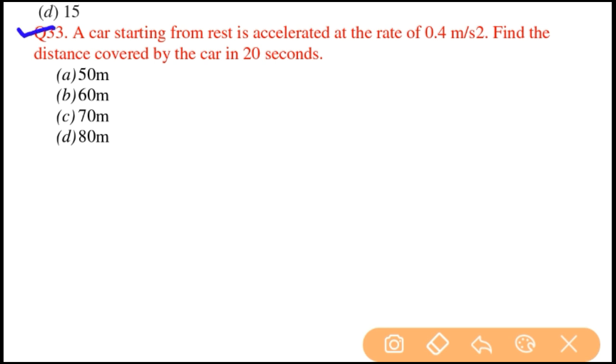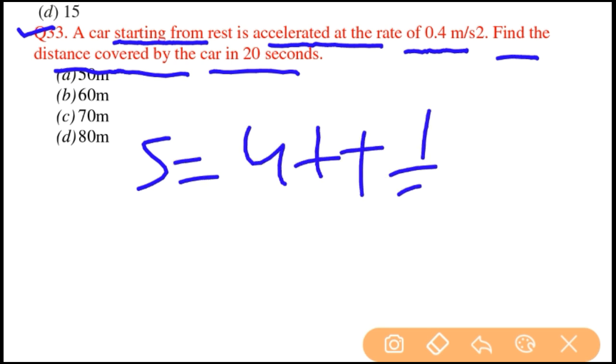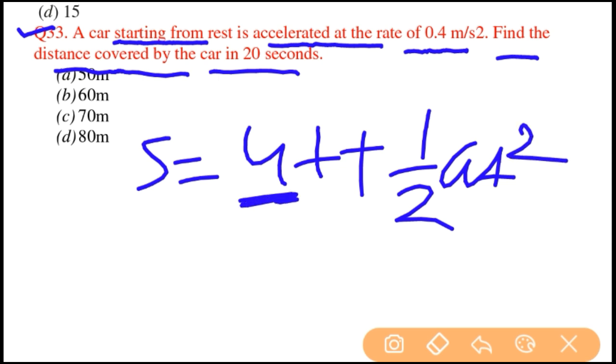In the next question, a car starting from rest is accelerated at the rate of 0.4 meter per second square. Find the distance covered by the car in 20 seconds. We know the distance formula is S equals ut plus half at square, where u is the initial velocity, t is the time and a is the acceleration. Acceleration is 0.4 meter per second square and the time is 20 seconds.